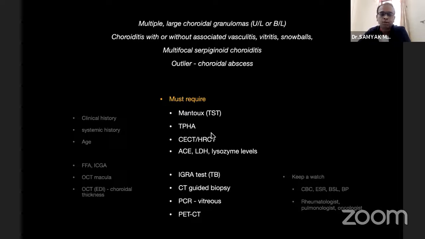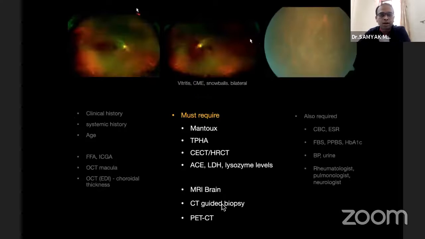TPHA has to be done because it is a great mimicker, as we know. An IGRA test or a TB QuantiFERON test can be done. A CT guided biopsy may be needed to prove that it is either TB or what kind of granulomatous inflammation it is. A PCR test for vitreous can be done as it has to be stepped up, or a PET CT can be required.